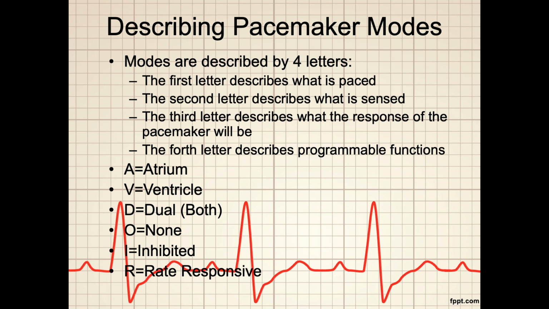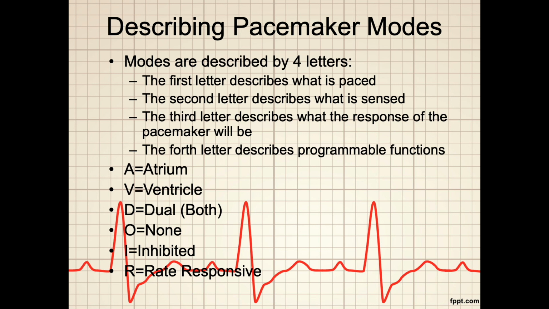It is important, therefore, that we know that there are different types of modes for pacemakers and that there are letters and a pattern to describe what those pacemaker modes are. The modes are described by 4 letters. The first letter describes what is being paced, that is, the atria, the ventricles, or both. The second letter describes what is sensed.